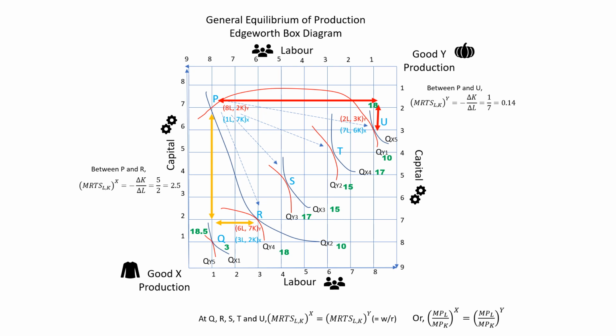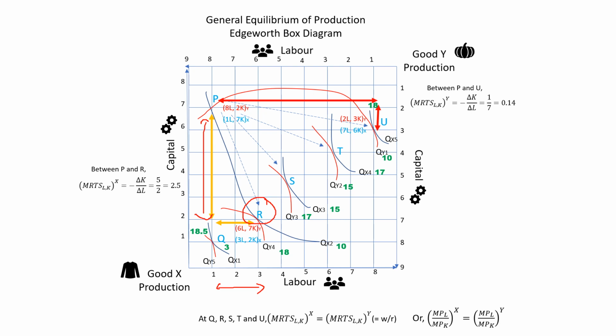Now the manufacturer of clothing is looking for a higher amount of labor, and the manufacturer of food is looking for a higher amount of capital. Now if we move from point P to point R, we observe the fact that there's an increase in the labor input for the clothing by 2 units and a decrease in the capital input by 5 units.